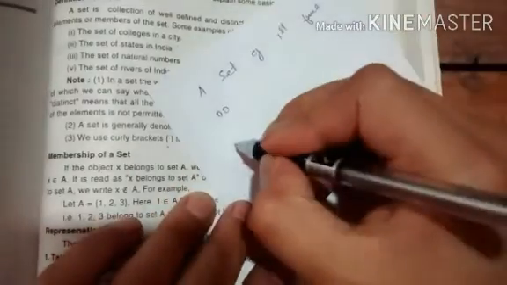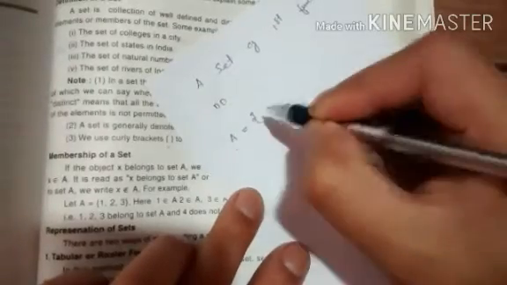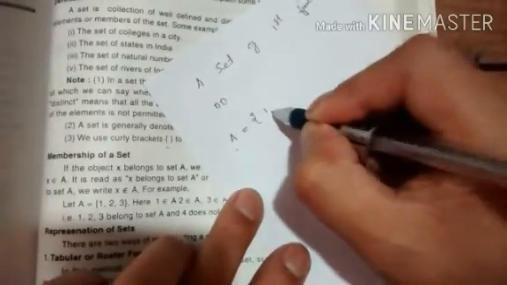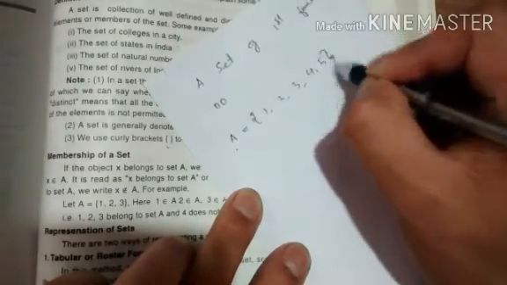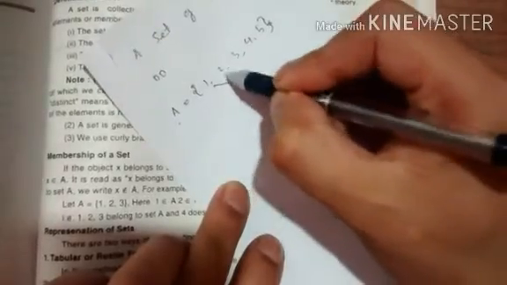A set is always represented by a capital letter, and then the elements: 1, 2, 3, 4, and 5.